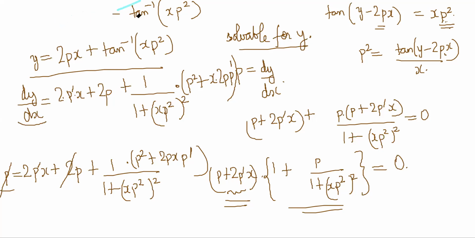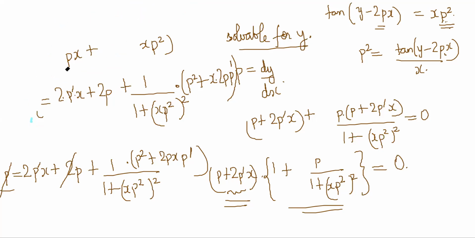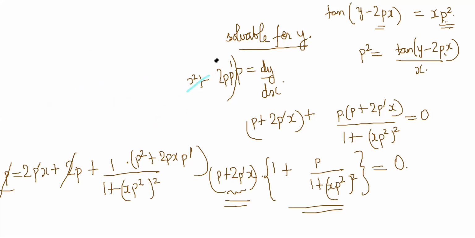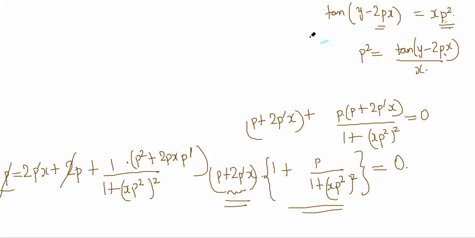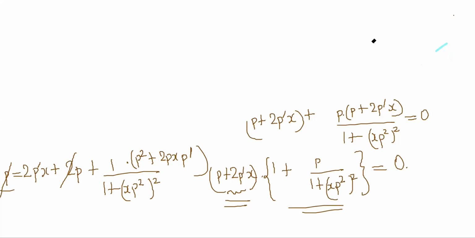So you can solve for p plus 2p dash x, which is a differential equation, is equal to 0, right? So let's see. It is p plus 2p dash x is equal to 0.